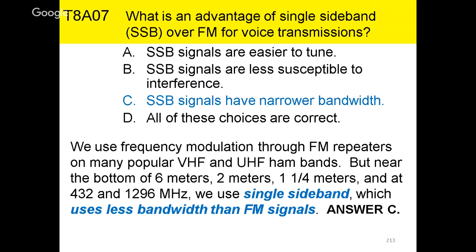We use frequency modulation through FM repeaters, but near the bottom of 6 meters, 2 meters, 1 1/4, and other bands, we use single sideband, which uses a lot less bandwidth than FM signals. So C is the proper answer. Single sideband is much more narrow.